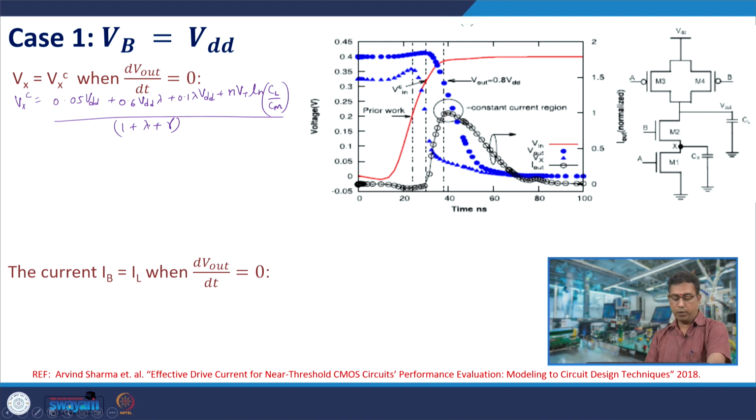Now, for this, what is the value of IL? So, we want to estimate that for this value of Vx naught, what is the value of IL? Here this is VDD, this is Vxc, this is again 0.95 VDD.